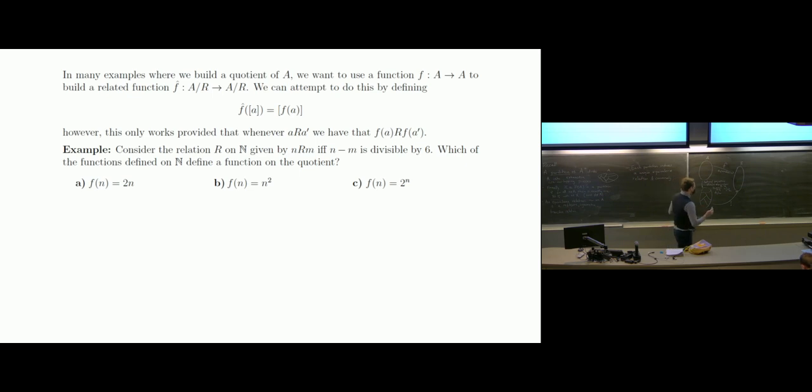Okay, so when does there exist g from the quotient to B such that, let me get my compositions right, f is equal to g composed with phi. Does this question make sense?